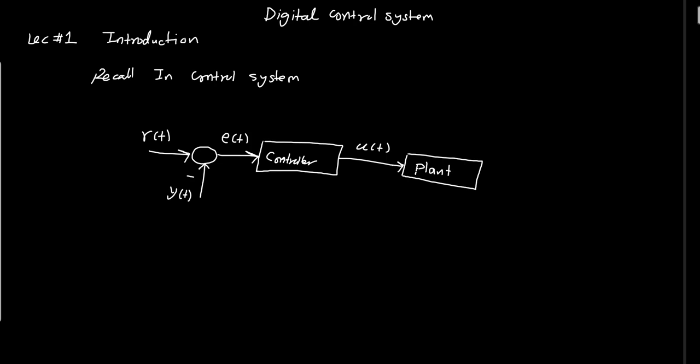Now the plant can be a pilot landing aircraft, for example, a servo drive system, or a robotics control system. And this is the output, Y of t. Let's assume here I'm having a sensor in order to measure the output, and I'm feeding back the output here. So this will be a sensor.